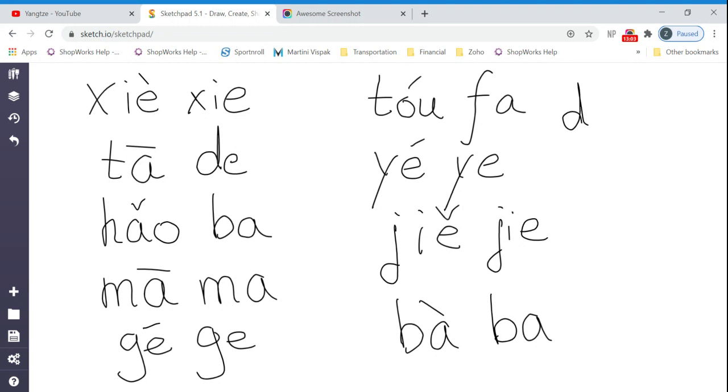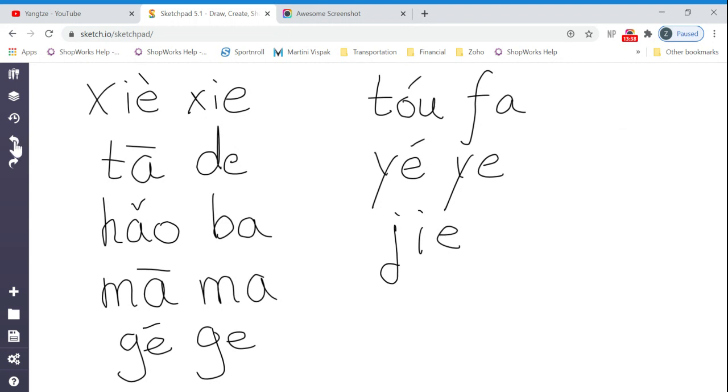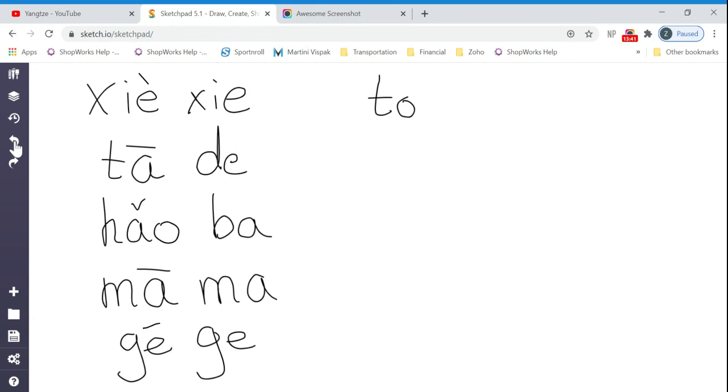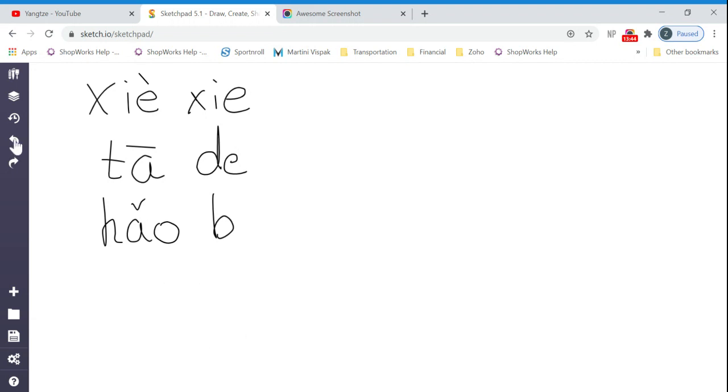Or another word, 对了, means yes, right. The 了 is just a neutral sound, it doesn't mean anything special. 对了 means that's right. So that's the first rule of today, this neutral tone that we need to be aware of.